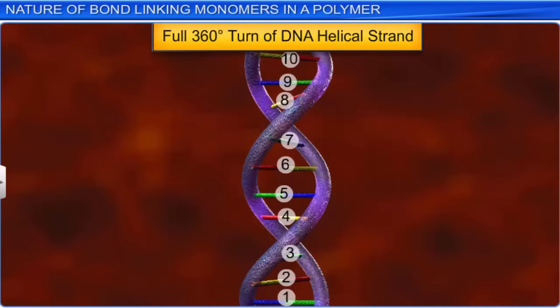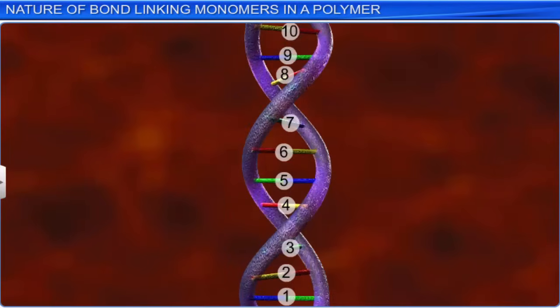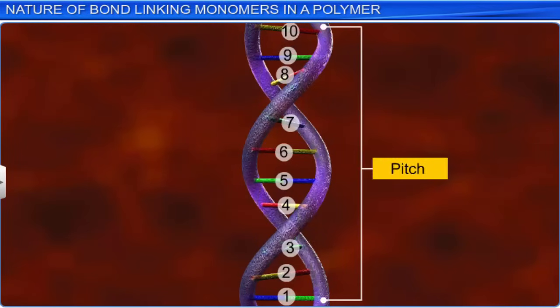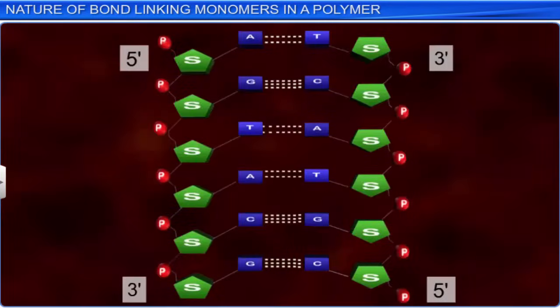The distance along the helix axis corresponding to one turn is known as pitch. In a B DNA, the pitch is 34 angstroms. The rise per base pair, or the distance between two base pairs, is 3.4 angstroms.